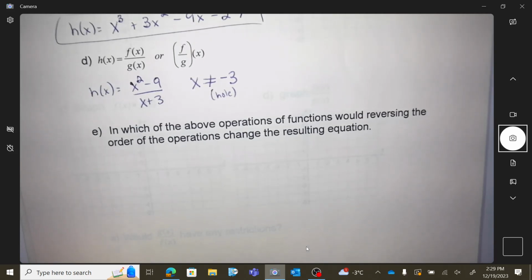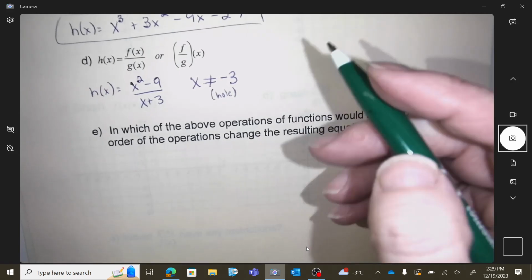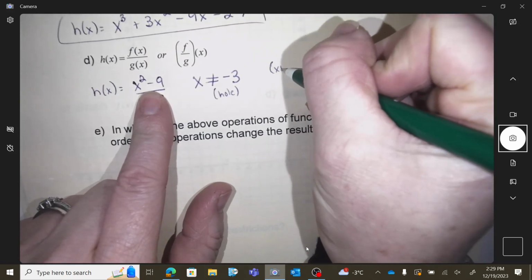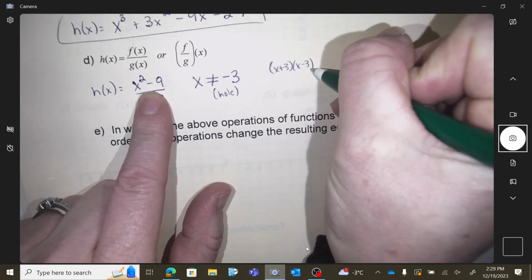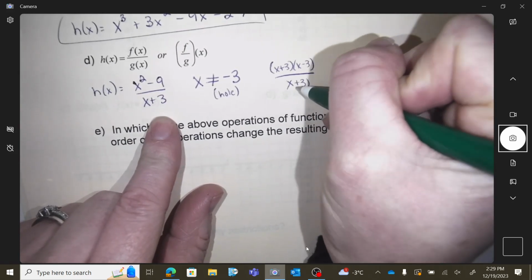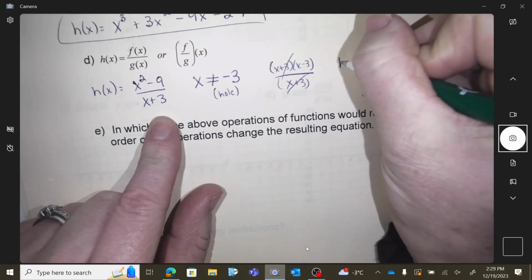So also, if I want this to be simplified, what can I do to simplify it? Because you can do some work with this equation. Those x plus 3, x minus 3, divide by, cancel.